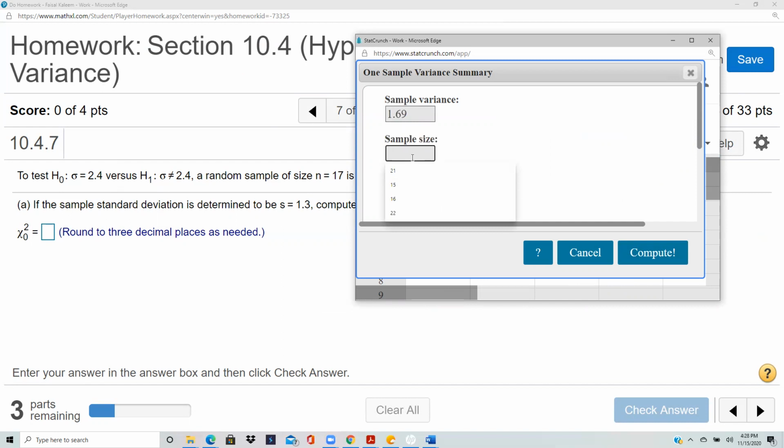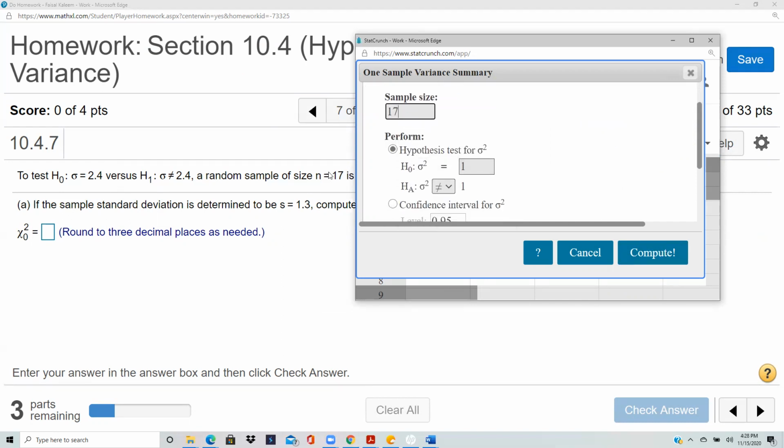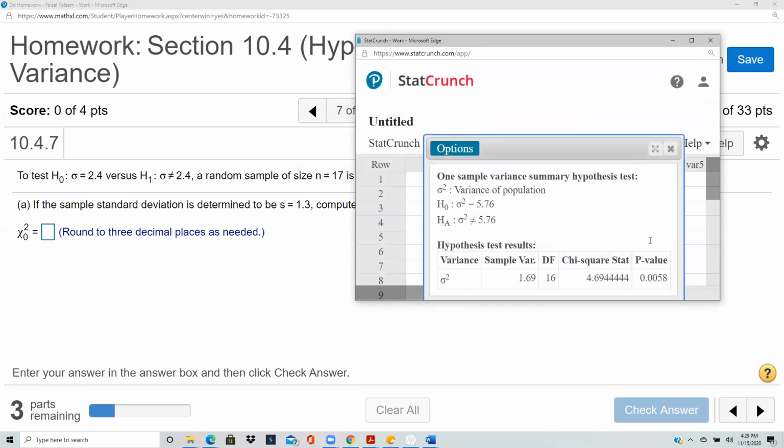The size is 17. And then it's equal to 2.4 for sigma, and then the sigma squared will be 2.4 squared, which is 5.76. And not equal to. So the test statistic is 4.694.